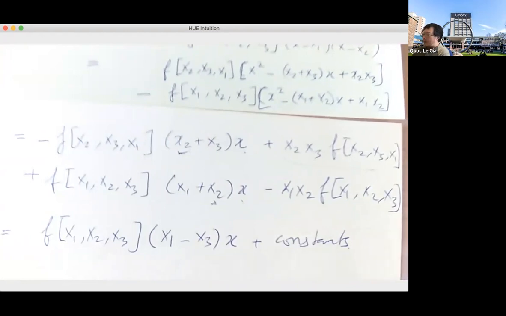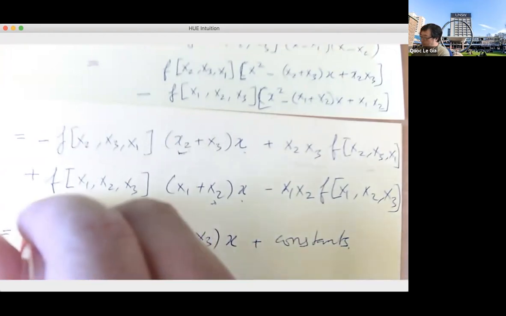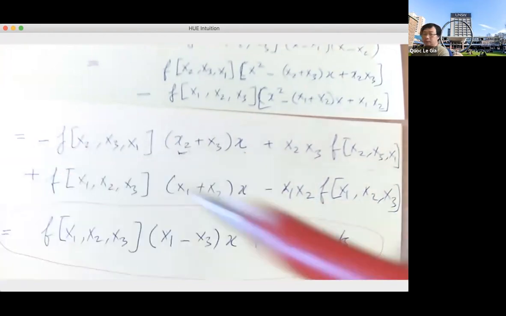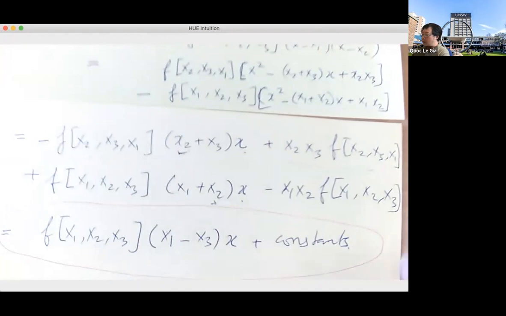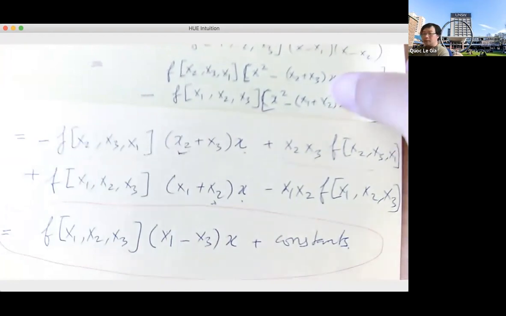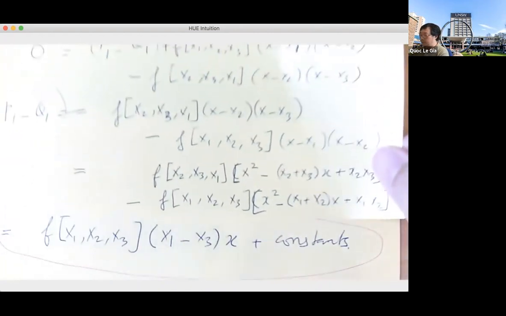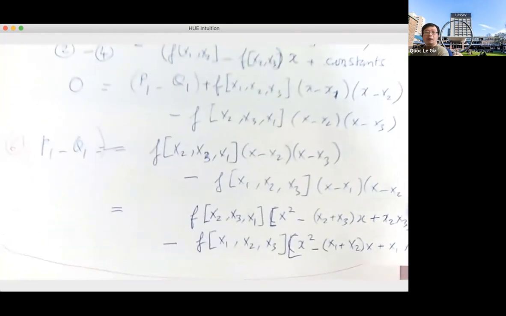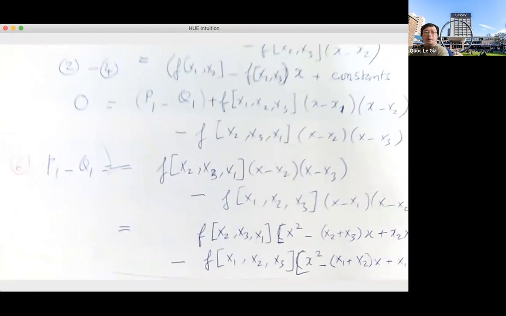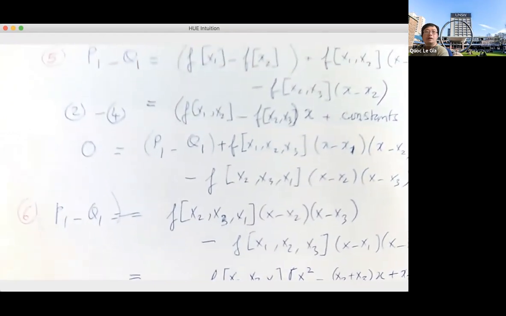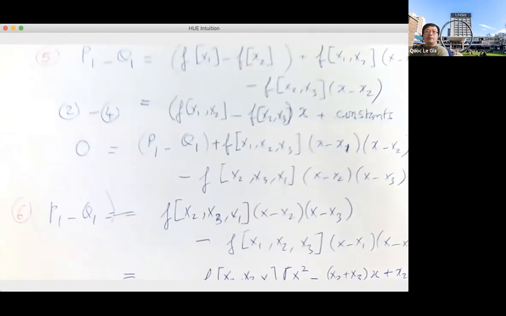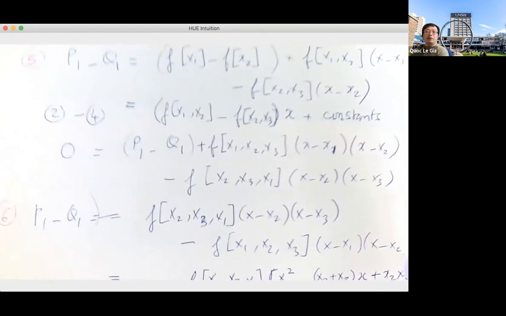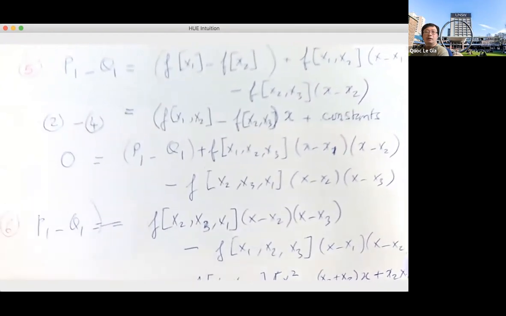Now we look at the very last one. This one comes from equation 6 I had before. And remember we have a similar situation in 5.